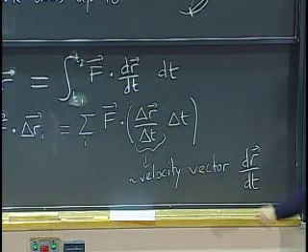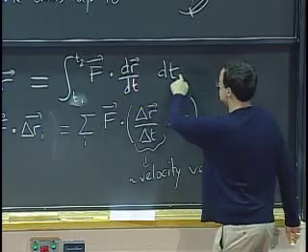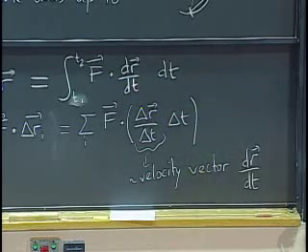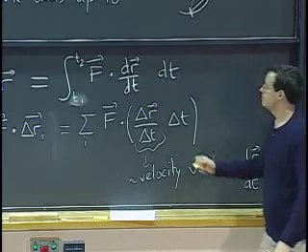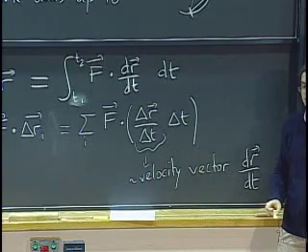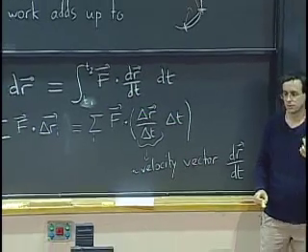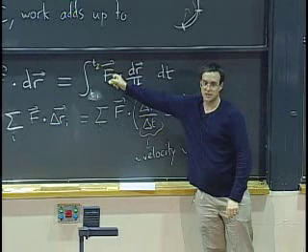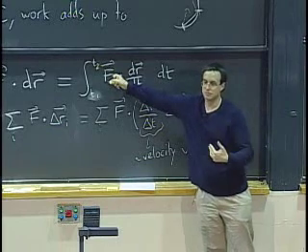I integrate F dot velocity dt. And of course, here when I say F, I mean F at the point on the trajectory at time t. This depends on x and y, therefore it depends on t.